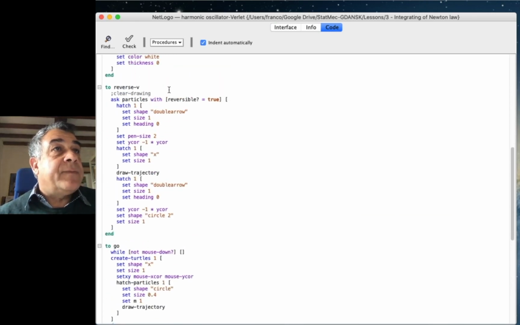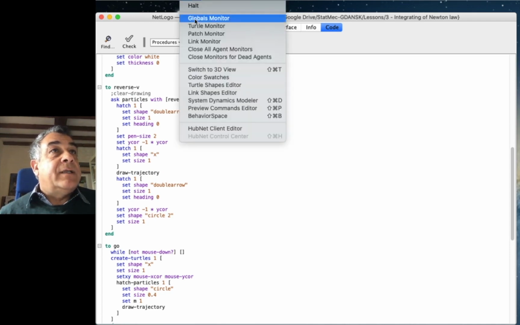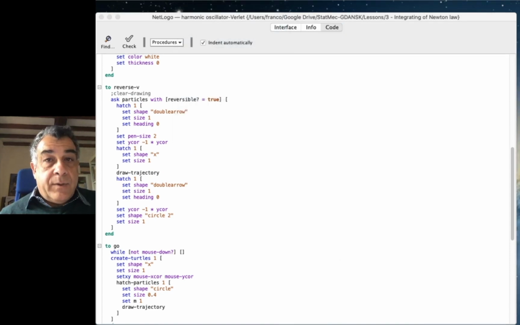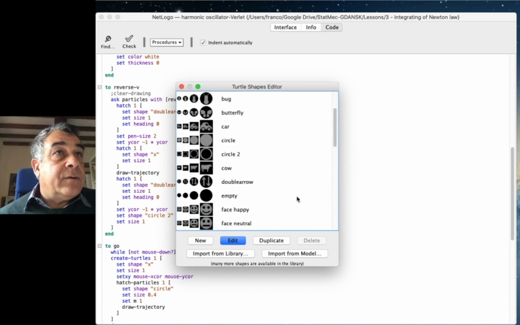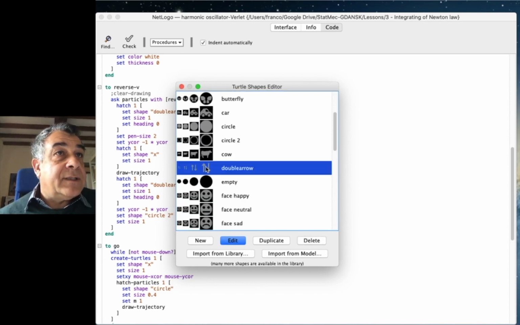reverse V, I draw a special turtle shape, which is the double arrow. Here it is.